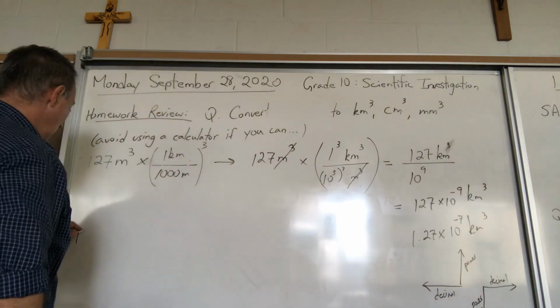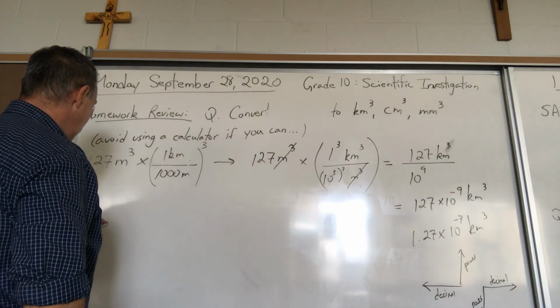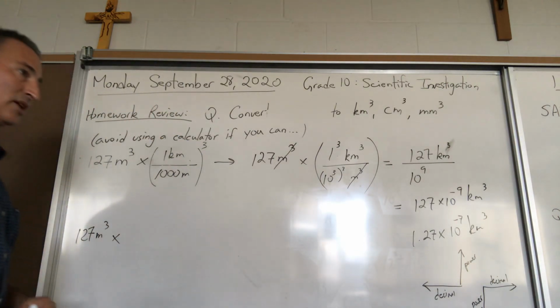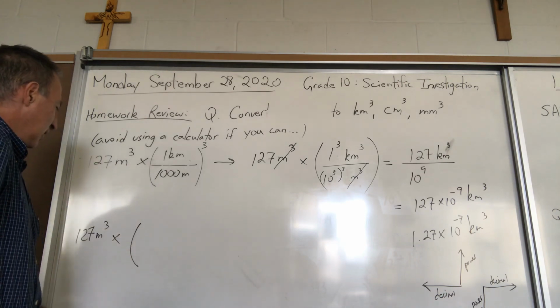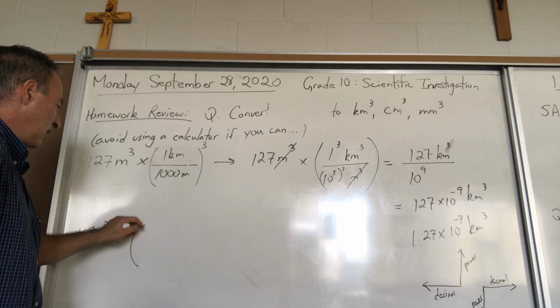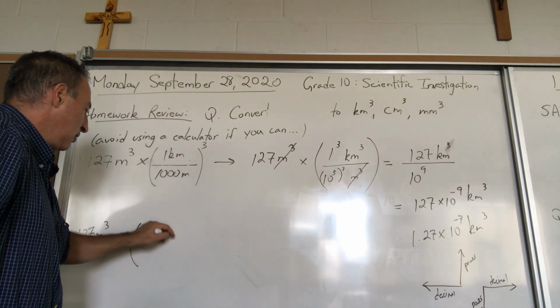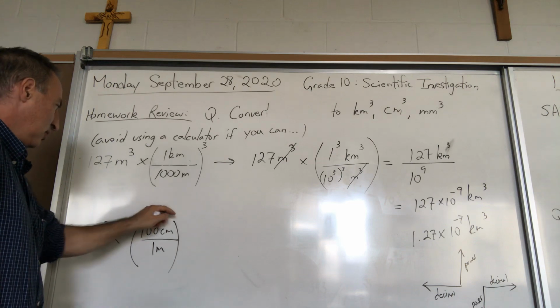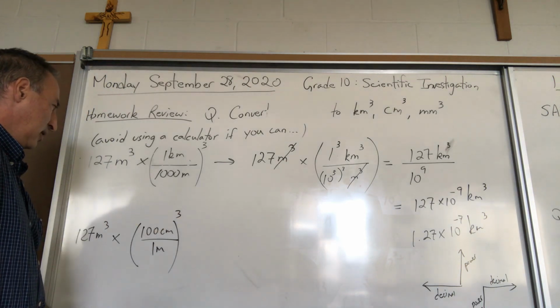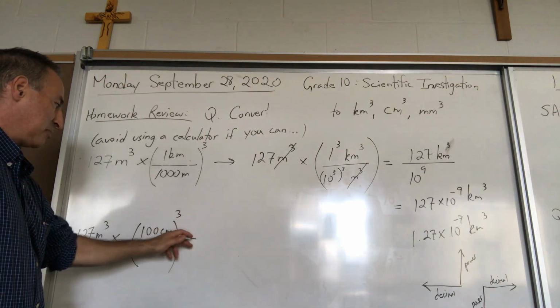So you're at 127 meters cubed, and you want to have meters in the denominator. And we know that there are 100 centimeters in 1 meter. But because you're doing three-dimensional, you're going to raise it to the power of 3. Now let's rewrite that 100 as a power of 10.